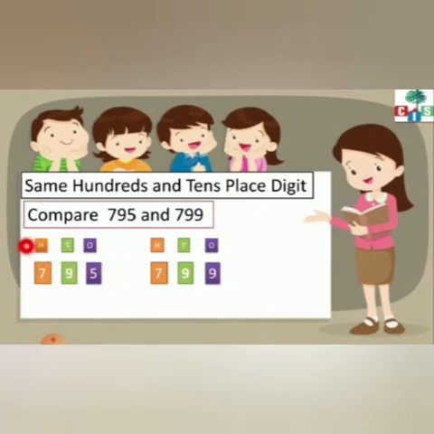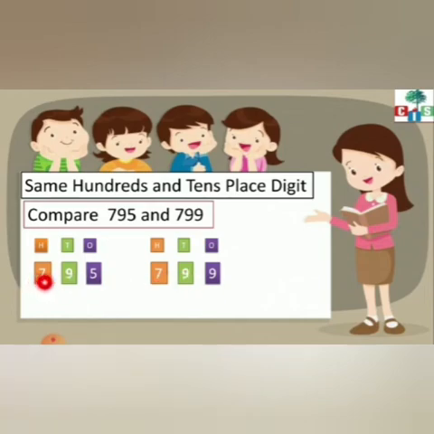First we will look at the hundreds. In 795, 7 is at the hundreds place. And here in 799, here also 7 is at the hundreds place. So now I will move to the tens. At tens, here it is 9. And here in this number, the number is 9. So both the numbers are the same.